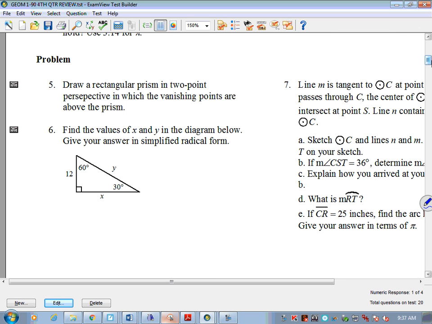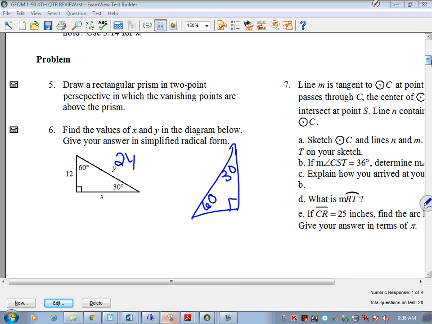All right, notice that the side across from 30 is 12. So what should my hypotenuse be? Nope. 24. All right, so we need to go back to, you're in the right ballpark.